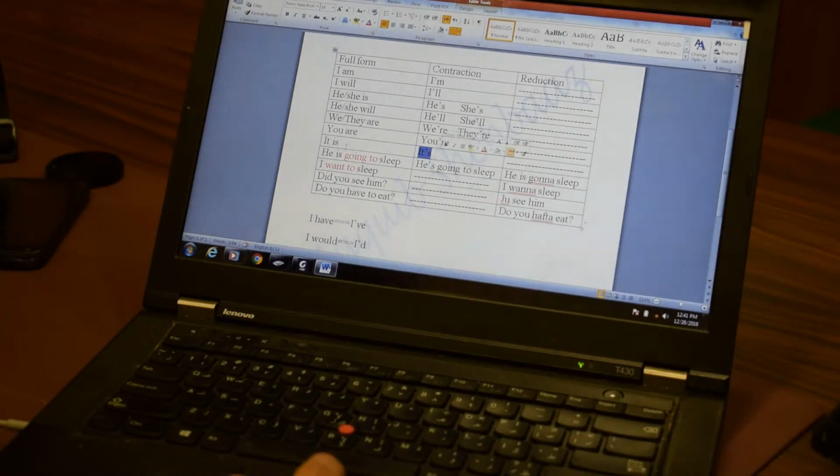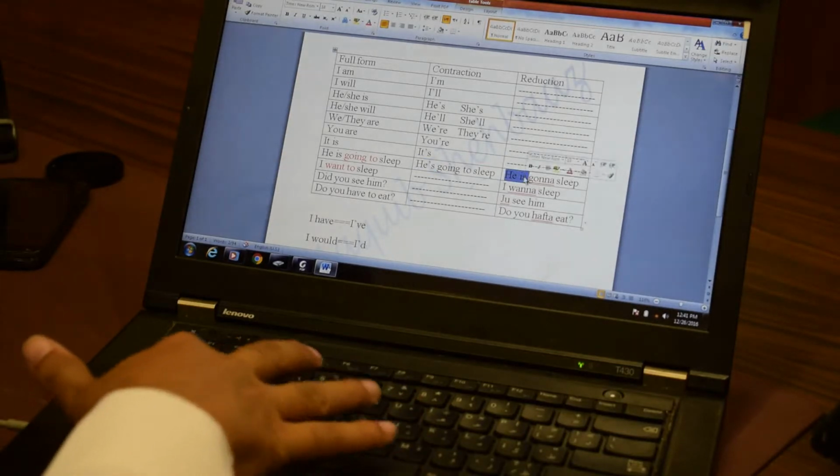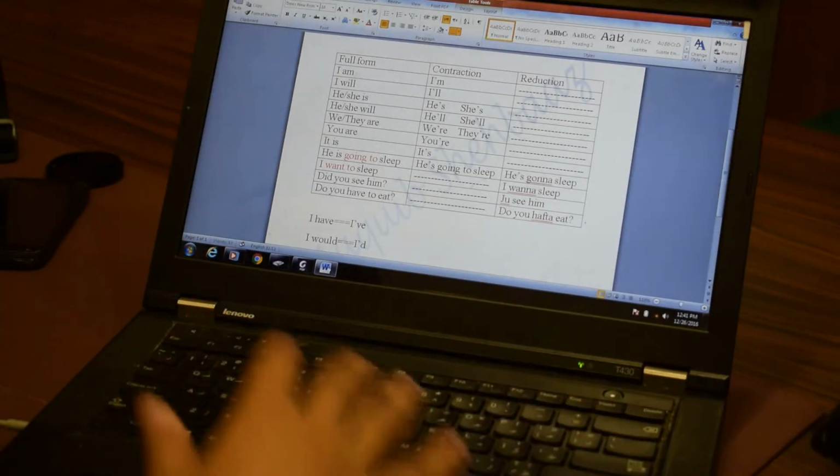Now let's go to reductions. He is going to sleep, so going to becomes gonna here. He's gonna sleep. You have one contraction here, he apostrophe s, he's gonna sleep.